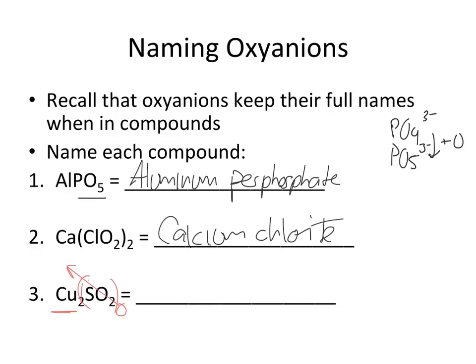The 1 goes there, the 2 goes over here, and we see that this is 1+, this is 2-. Is the charge of SO2 2-? Yes, it is. So that means that this is the charge of the metal. So that's going to be copper(I) hyposulfite.